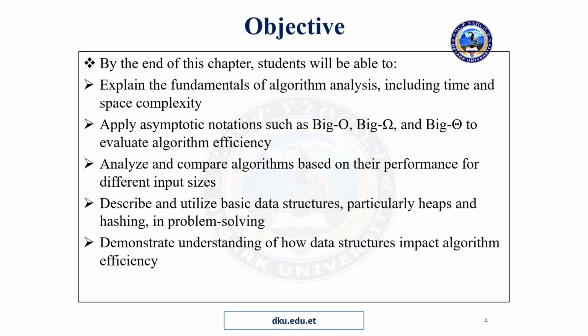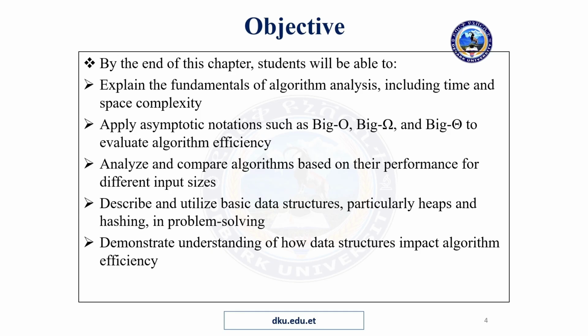When we see the objectives of this chapter, at the end of the chapter, a student will be able to explain the fundamentals of algorithm analysis, including time and space complexity, apply asymptotic notation such as big O, big omega, and big theta to evaluate algorithm efficiency.